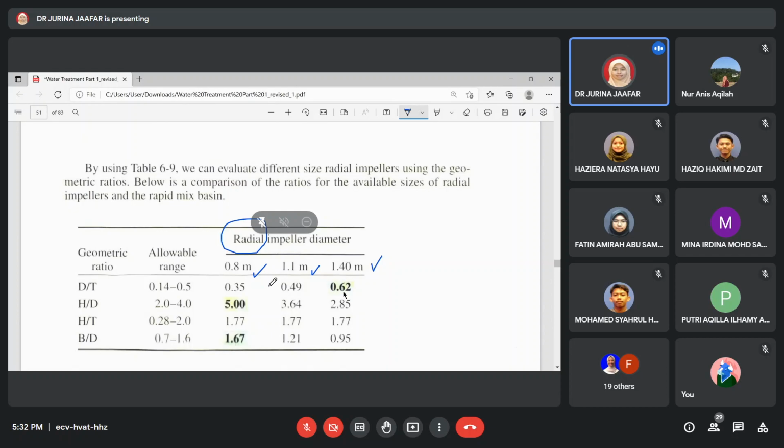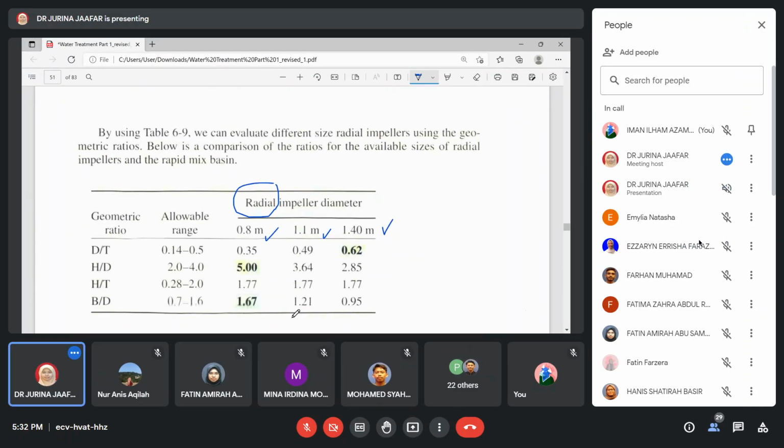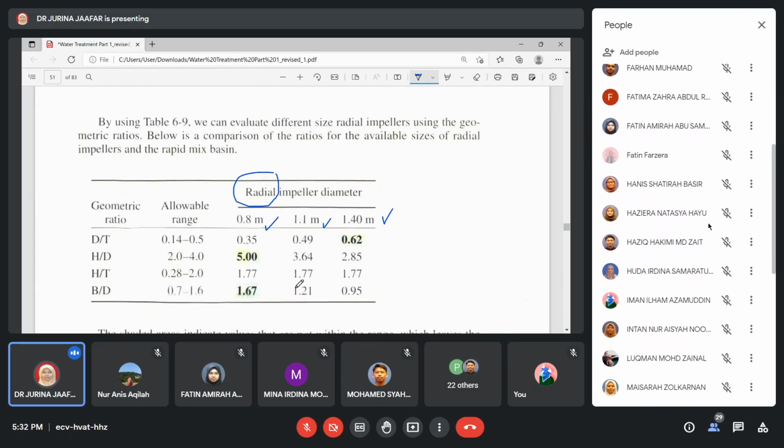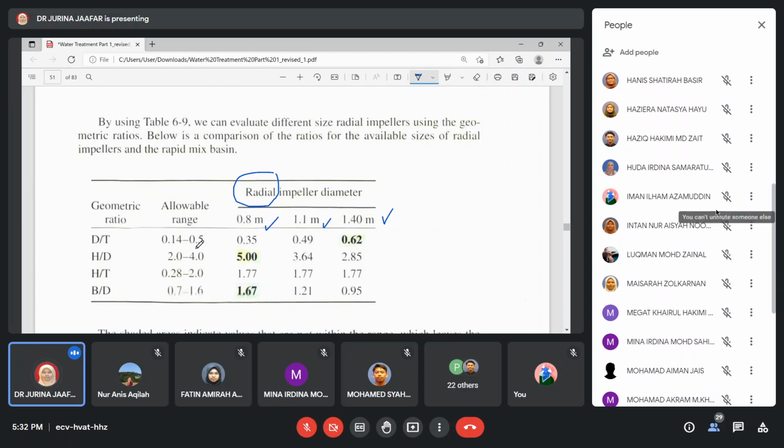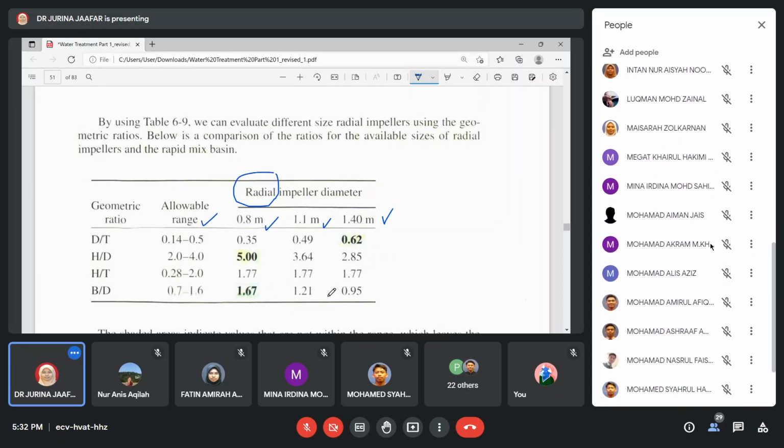We check 0.8 meter, 1.1 meter, 1.4 meter. We check the diameter and provide it according to the range. We calculate and this will be the allowable range, and we see the 1.1 radial impeller diameter size is the most suitable as compared to the others.